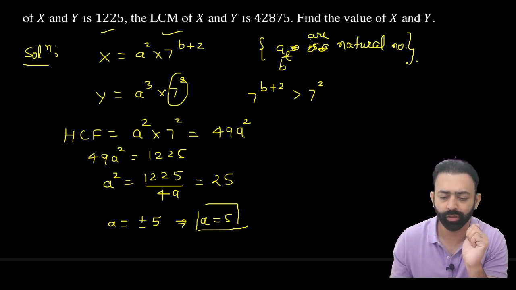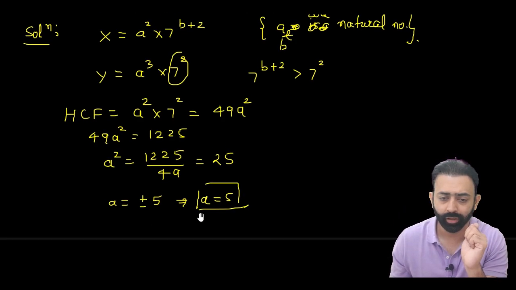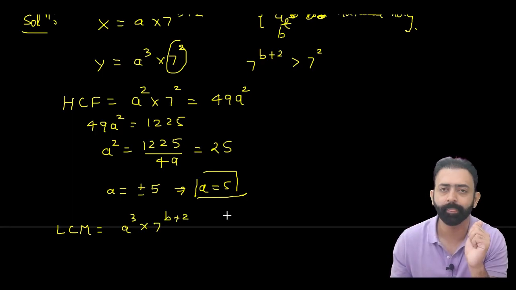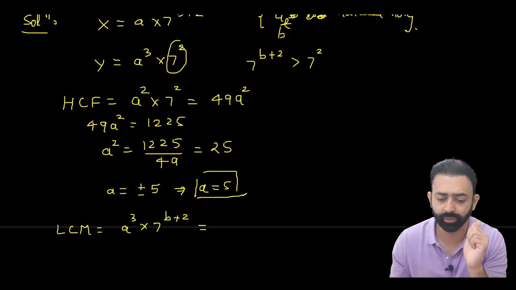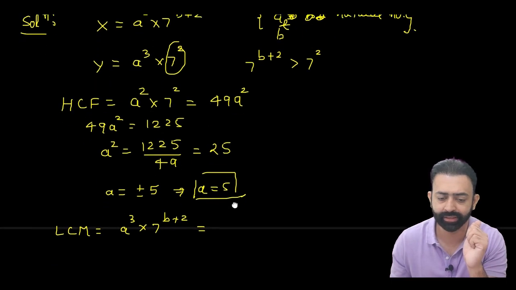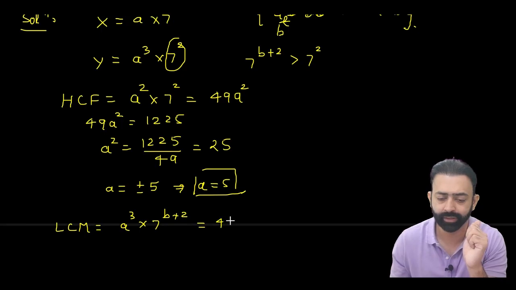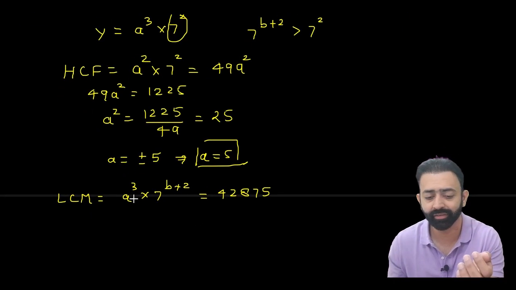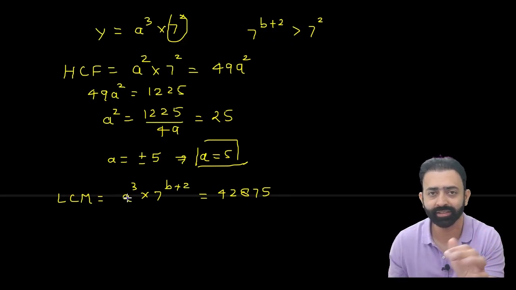Fine. Now for the LCM of x and y, we will take this time the highest exponent. So we take a cube into 7 raised to power b plus 2 this time, right? And this is equal to the value of LCM, which is 42875. This is given. Now again we have two variables here, but this time we have found the value of a as 5.